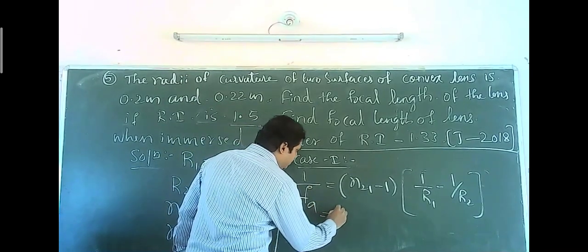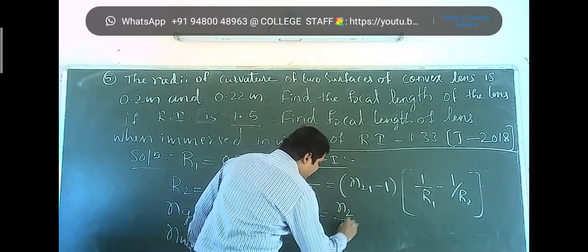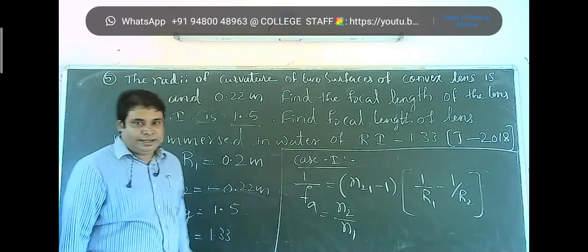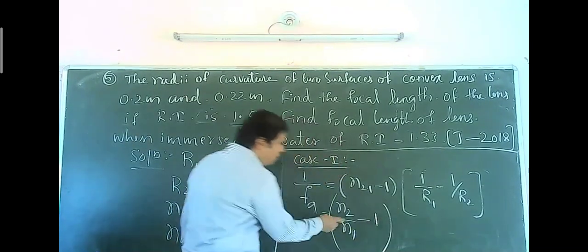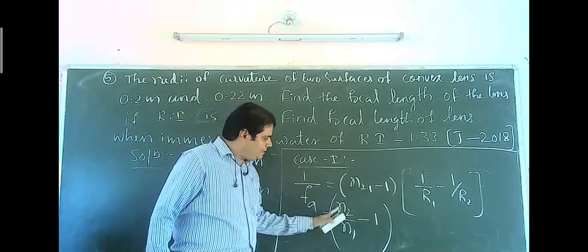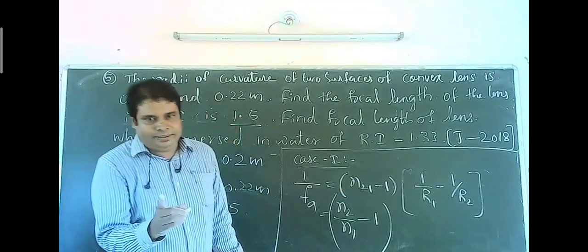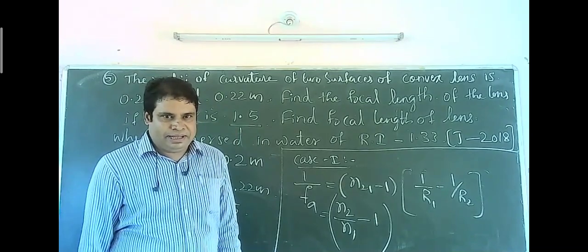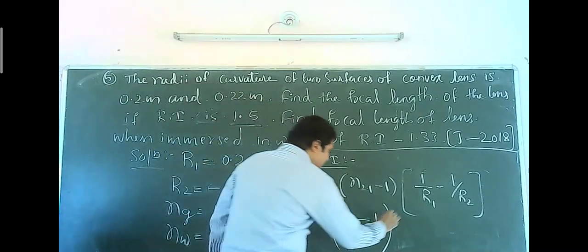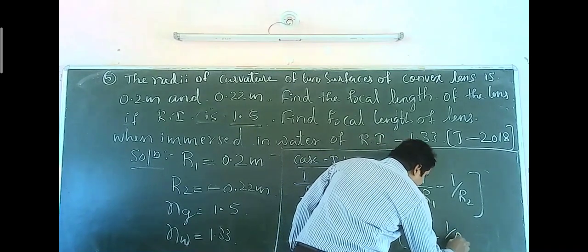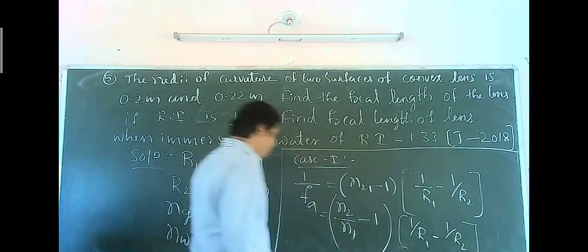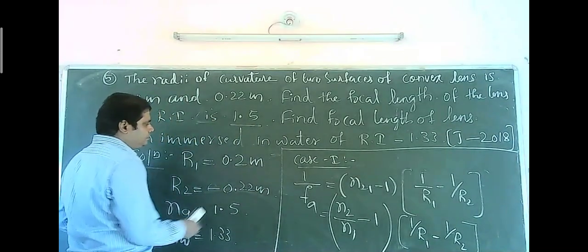Here 1 by f is equal to, this is n2 by n1 minus 1. We can write n21 as n2 by n1. Once again, by theory we know this: 1 divided by R1 minus 1 divided by R2. Okay?